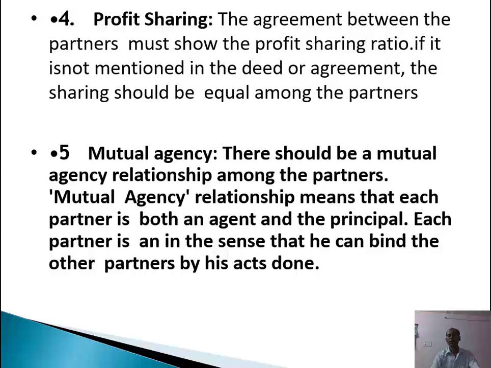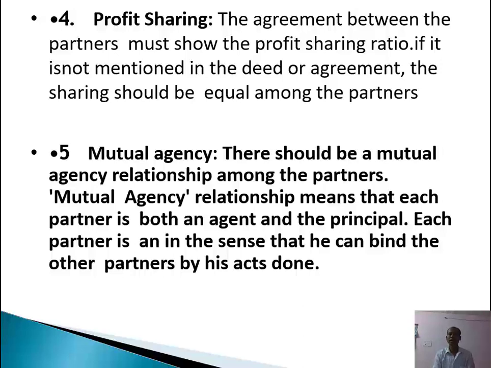Okay, now we shall move to the fifth point. Mutual agency. Yes, there should be a mutual agency relationship among the partners. It is an agency. Each partner is both an agent and a principal, a boss.